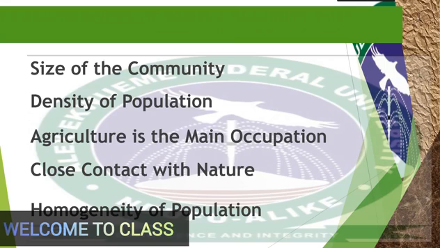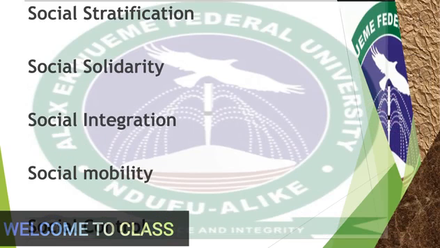There may be people belonging to different castes, religions, and classes, but even at that, they share both worship centers, both farm and other things together.